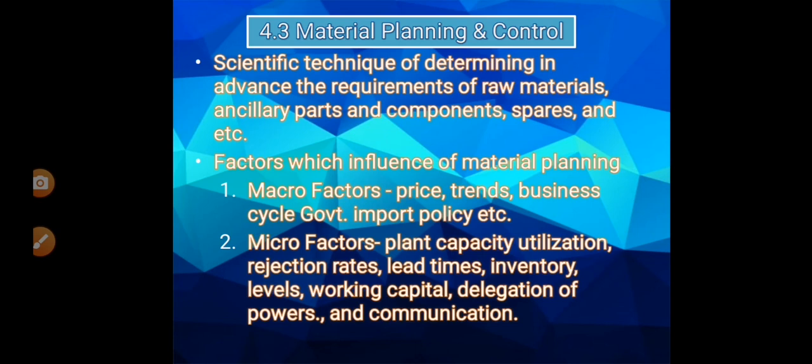First, we have the macro factors, factors outside the business such as price, trends, business cycle, import policy, etc. Next is the micro factors, and these are the plant's capacity utilization, rejection rates, lead times, inventory levels, working capital, delegation of power, and communication, which are factors within the business venture.